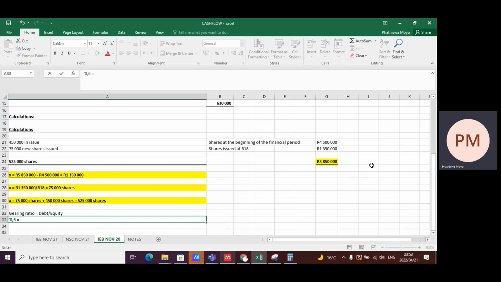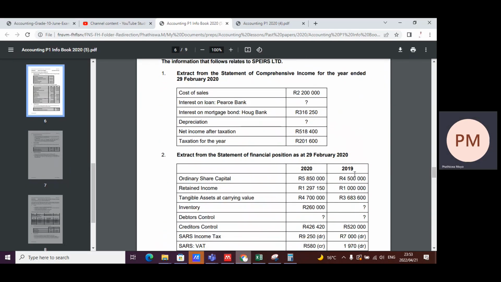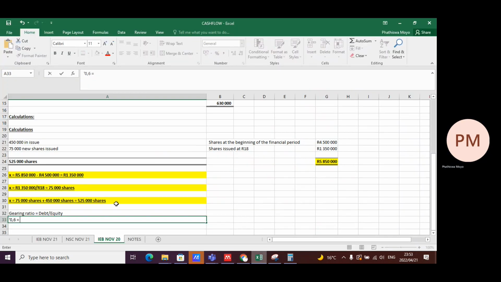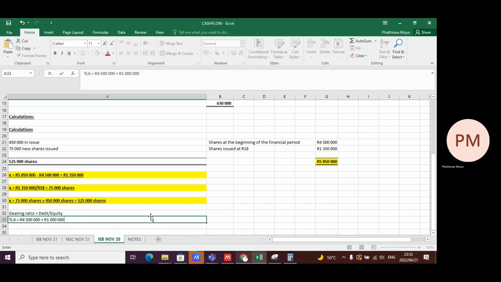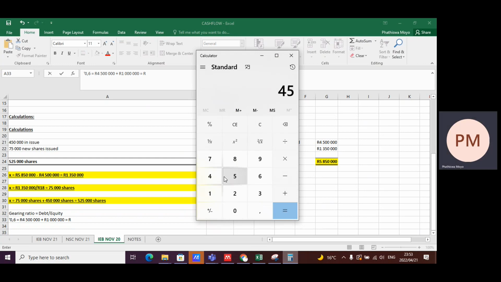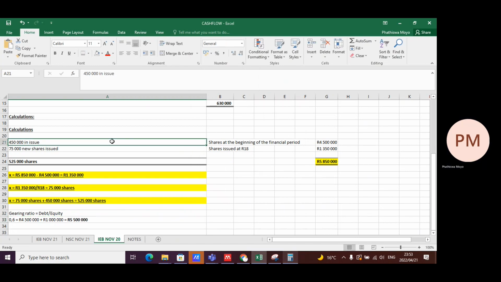So 0.6 equals, they gave you equity. Okay, guys, your equity is here, plus, equals. This is what we're given.